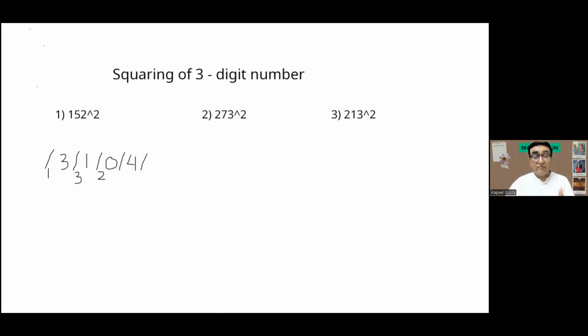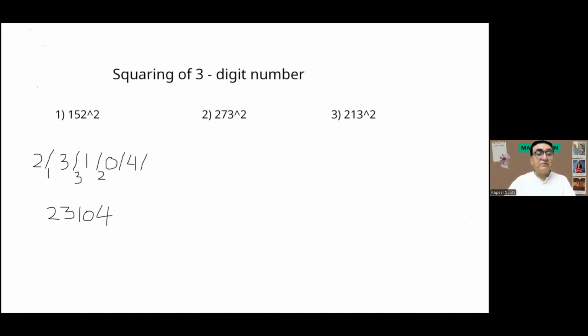So now, as the fifth part, I have to square it because a single-digit duplex is simply squaring. So 1 square is 1. Adding it to this, it becomes 2. So it's as simple as that. So that means my final answer is 2, 3, 1, 0, 4. Isn't it cool? So simple. Let me just explain this to you again.